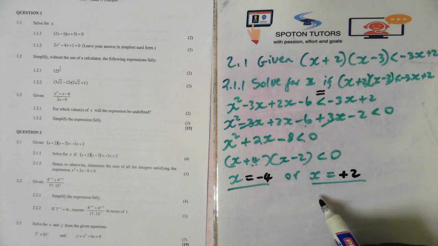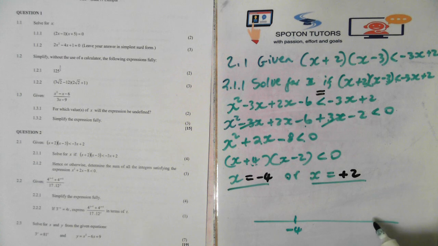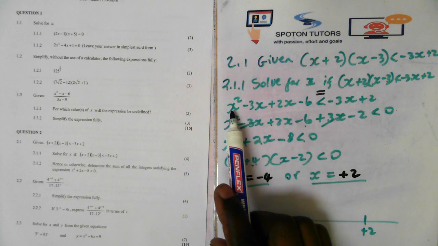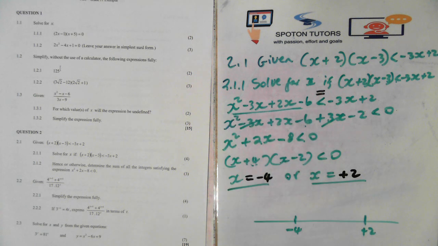You construct this function with the normal line. Once you have that normal line, you put this value, -4 here, and this other value, +2 here. Then this function must be represented here as a parabola.